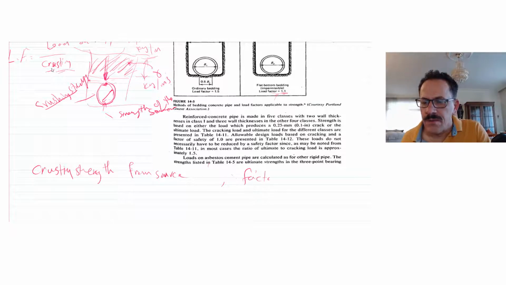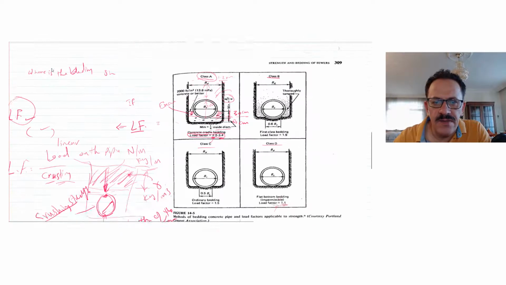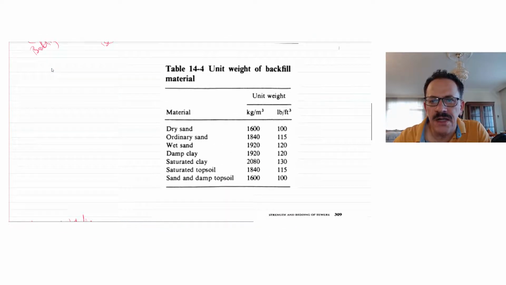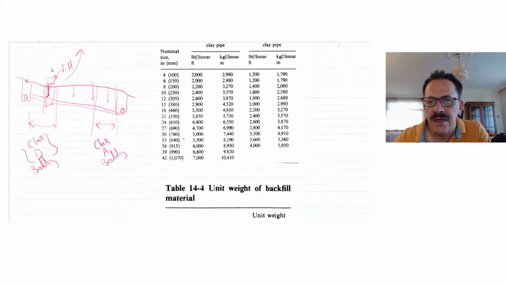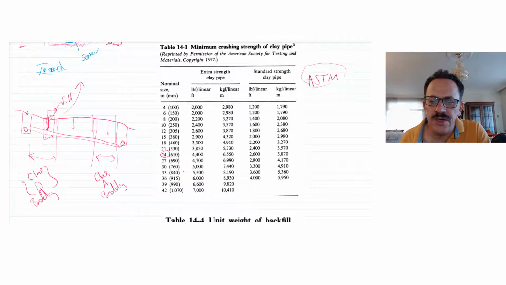For example, if I have a table for the capacity, and this is from ASTM, which is the American Standard, ASTM tells us the pipes, the diameter of the, for example, 24-inch diameter. We have the extra strength clay pipe, and by the way, clay pipe and concrete pipe are the same one.